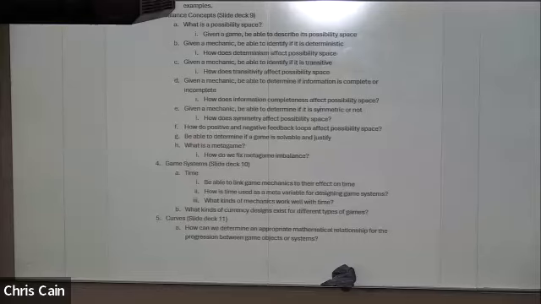For the first move of the game, how many places are there for you to move? 9. Your opponent gets to move in how many places? 8, and then 7, and then 6, and then 5, and the game might be over at that point. Who knows? But there's an upper bound to how many possible game states there are, and it's relatively few compared to a lot of other games that are out there.